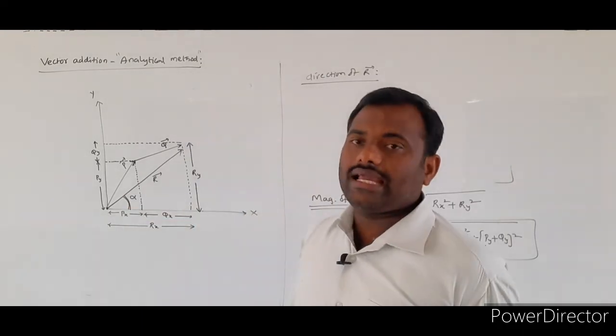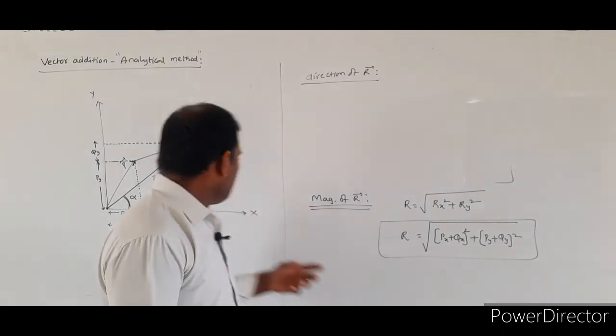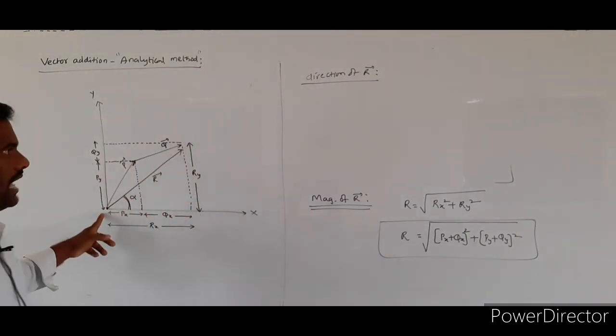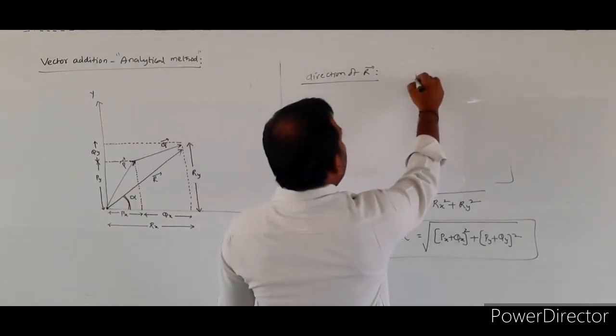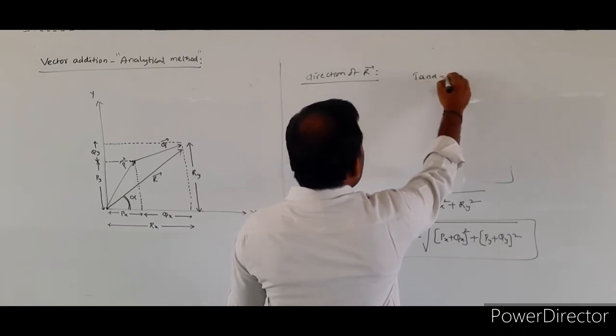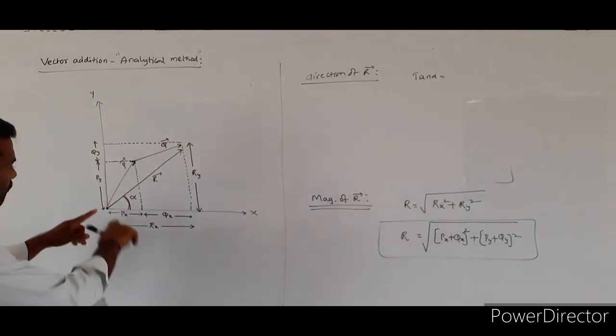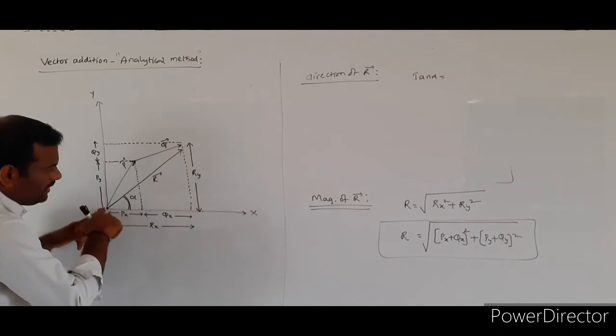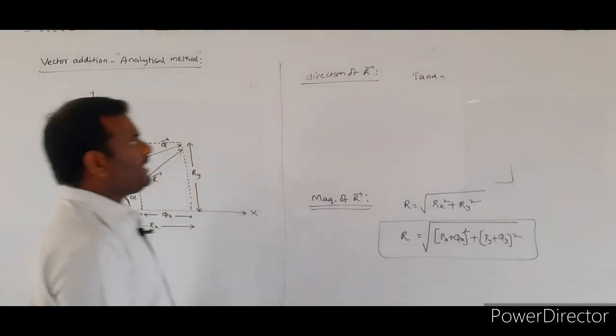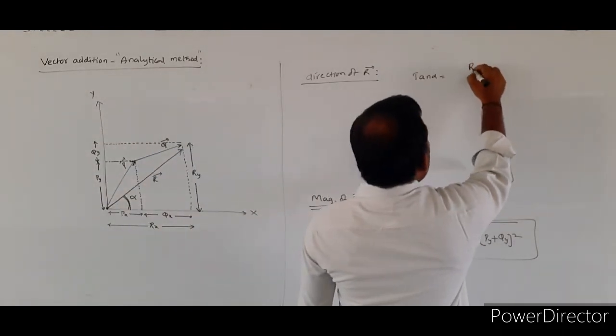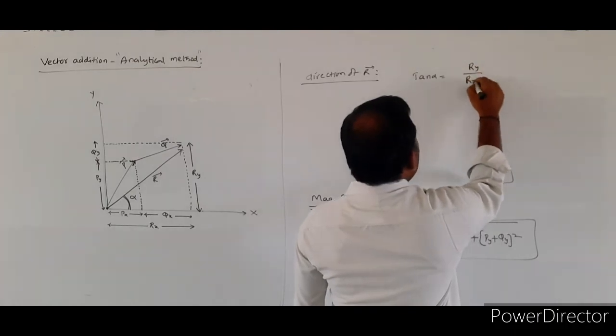So how can we calculate its direction? From this diagram, I want to calculate the tan alpha value. From this right angle triangle, tan alpha can be written as Ry by Rx.